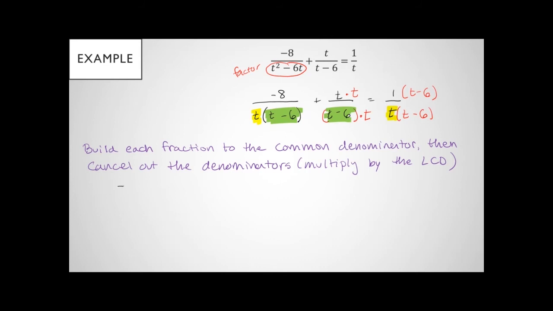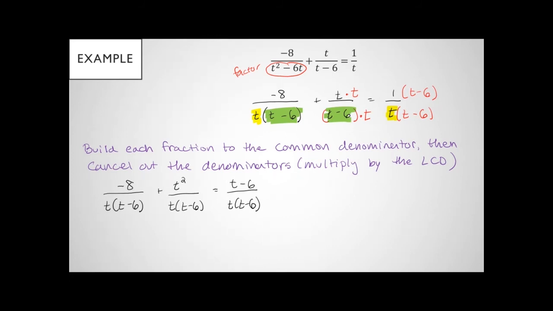So I'm going to rewrite this. Negative 8 over t times t minus 6 plus t times t is t squared over t times t minus 6. And then I have 1 times t minus 6, so that's just t minus 6 over t times t minus 6. You do not want to reduce because our whole point is to get rid of the fraction.